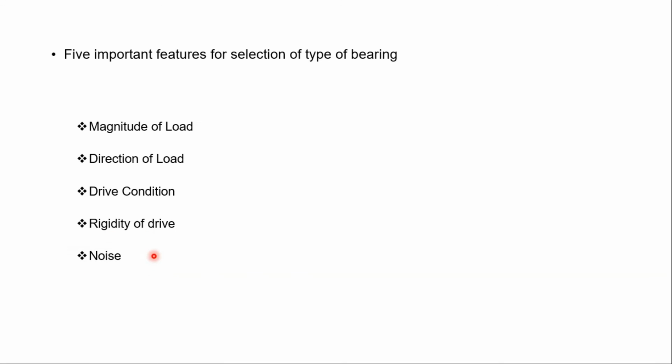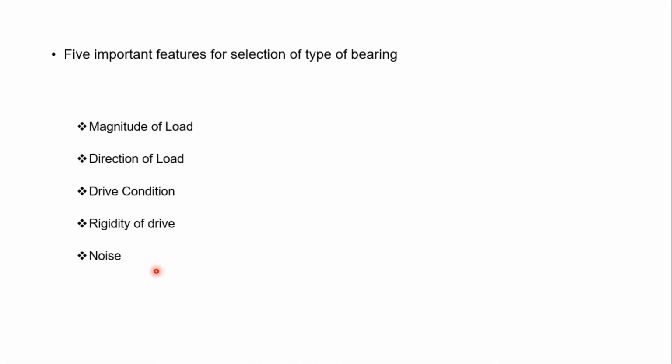Next feature is noise, a very important feature while selecting the bearing. Ball bearings are generally used for applications that produce a lower amount of noise.